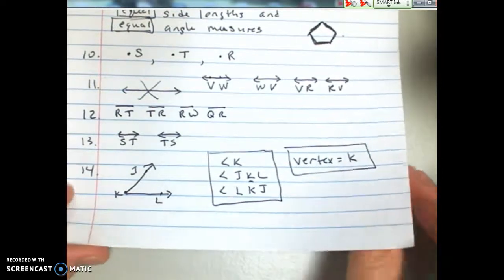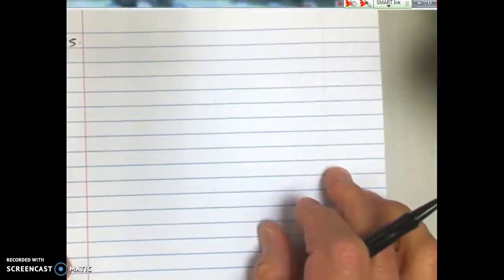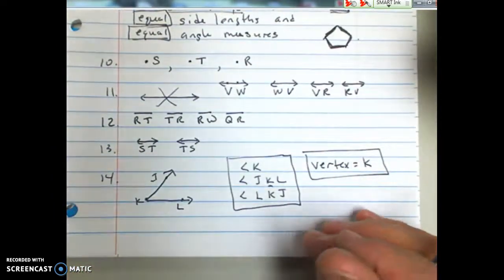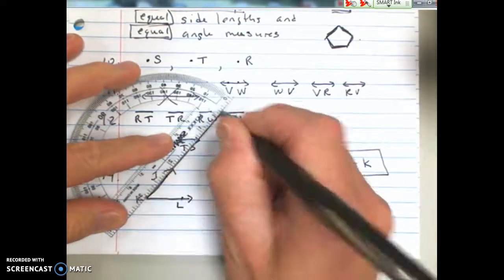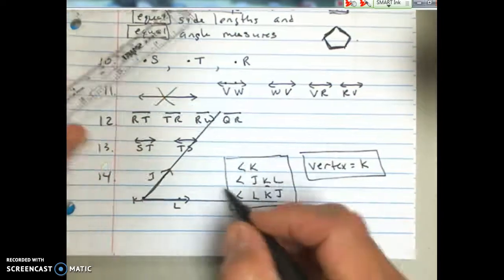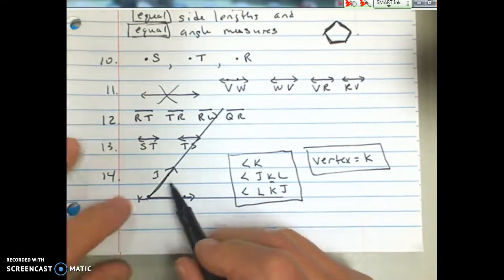Now we're almost to the end of the time on this video, but let's go on to number 15. Let's do it on the same page. The angle that we drew for number 14, let's estimate what that angle is. I have to make the rays a little bit longer, but I'm going to say about maybe 50 degrees.